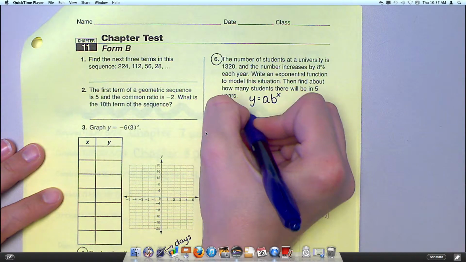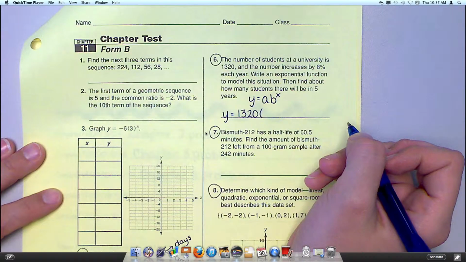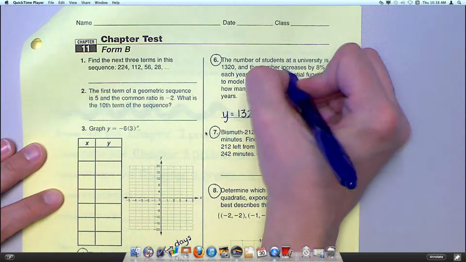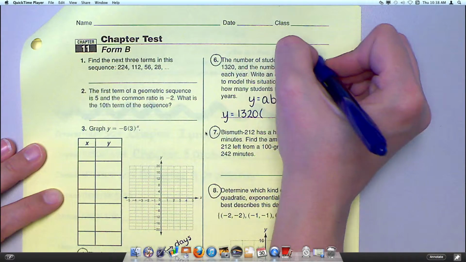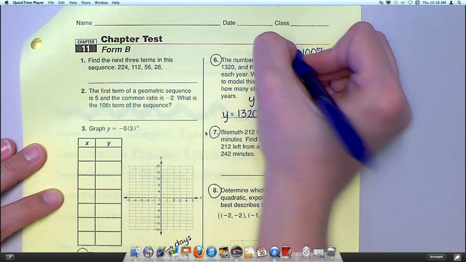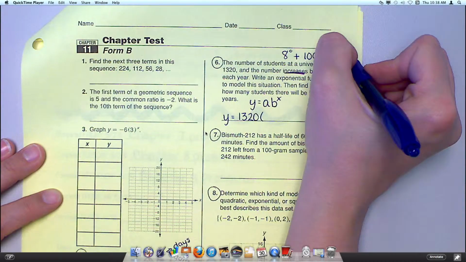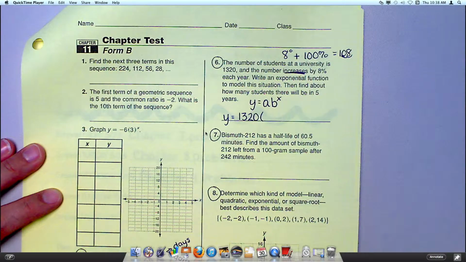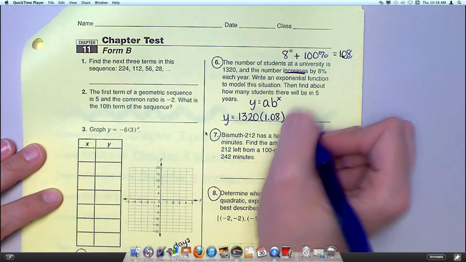What you're thinking of is that B value. And we have to decide if we're going to add or subtract. Because it increases. So as soon as you see increases, that means plus, and we want to always add it to 100%. So we want to do 8% plus 100% is 108. 1.08. Yep, move the decimal. 5 years, yep.